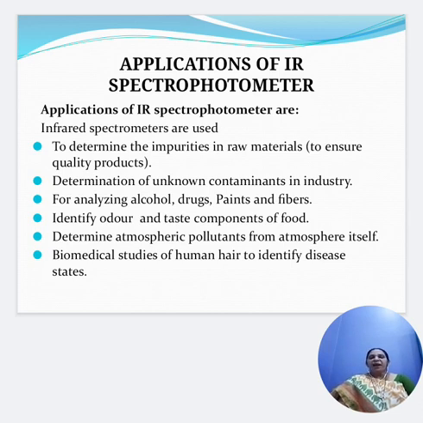They are used for biomedical studies of human hair to identify disease states. So these are the various application areas of the IR spectrophotometer.